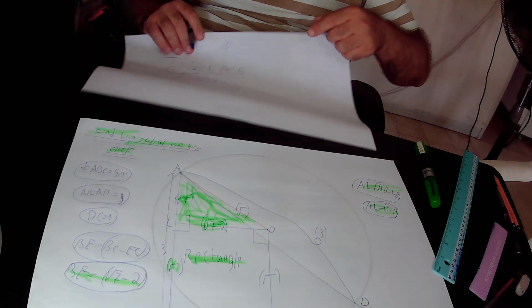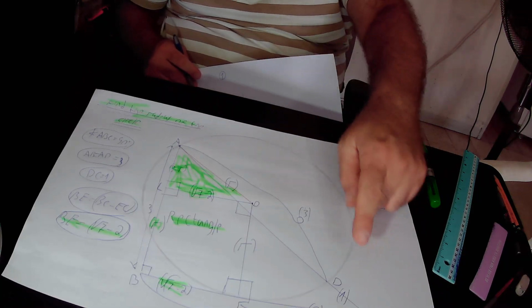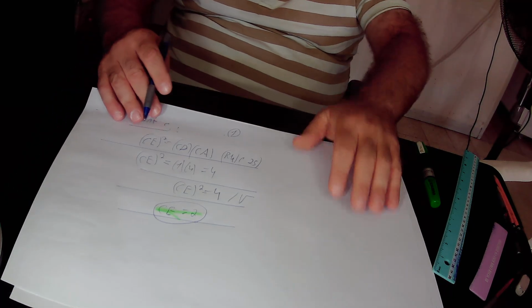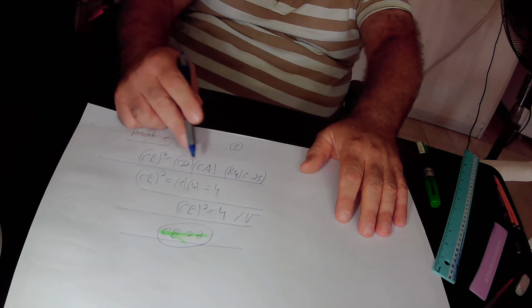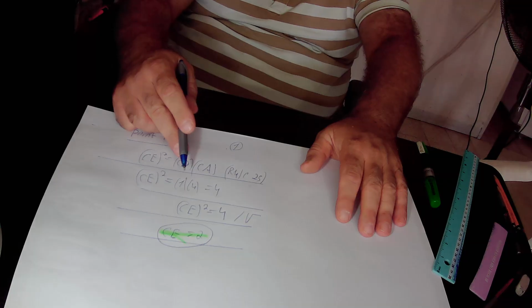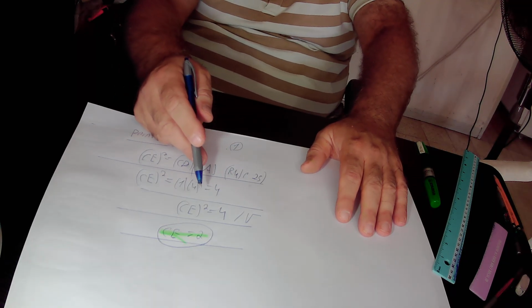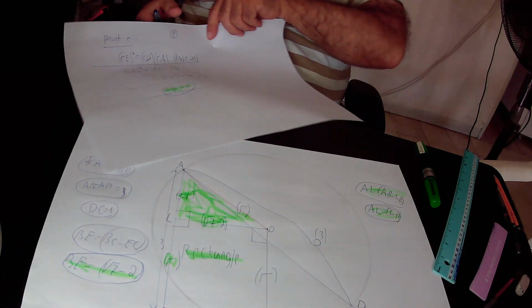CD is 1, times CA. CA in total equals 1 plus 3, that is 4. So in total we found that CE squared equals 1 times 4, that is 4. So CE squared equals 4. Here we took the root of this equation and found that CE equals the square root of 4, that is 2. Okay.